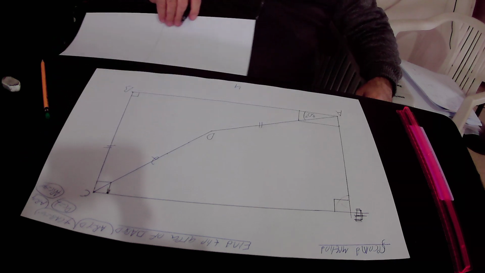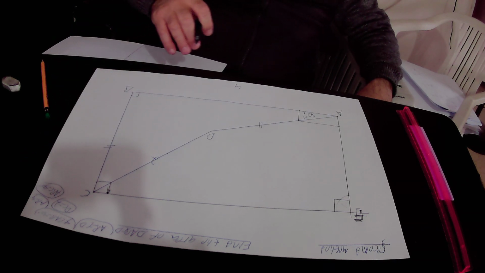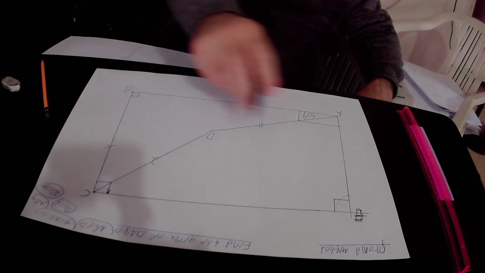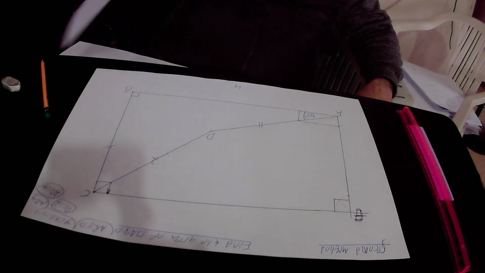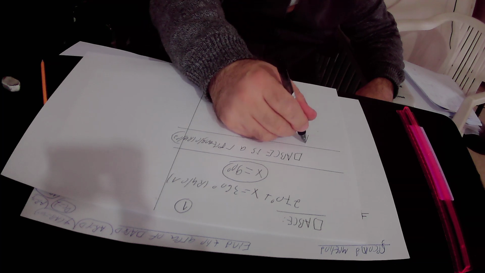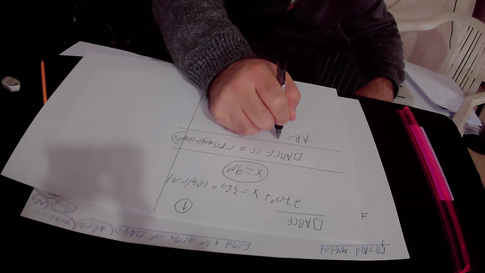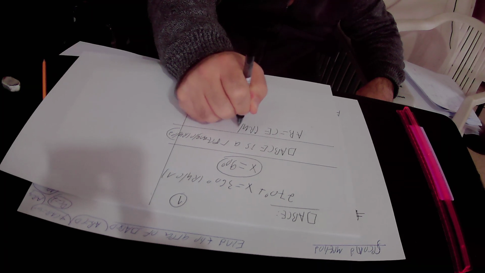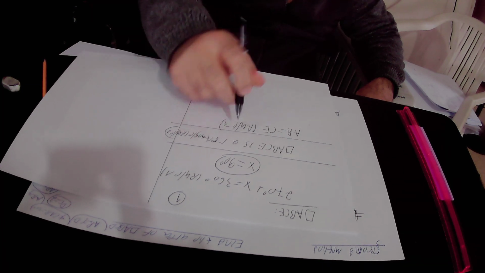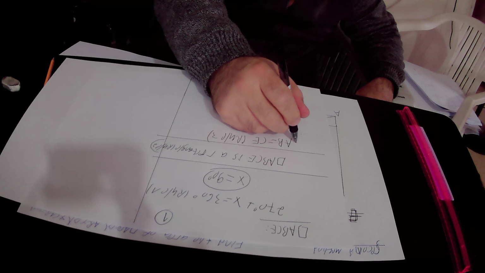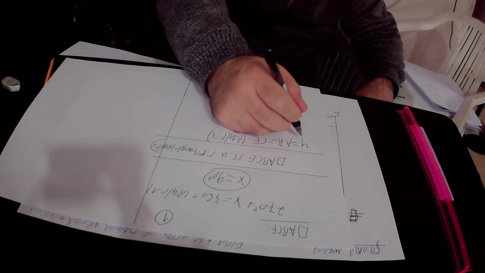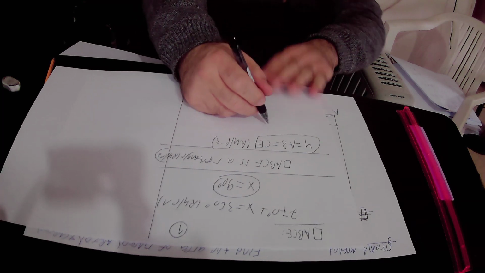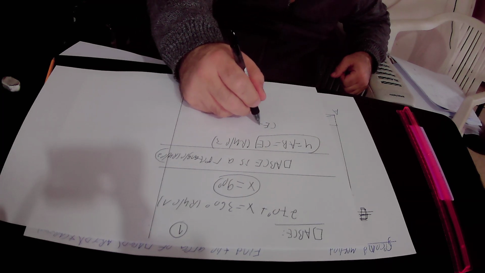So the opposite sides of rectangle ABCE are equal to each other. That is to say, AB equals CE according to rule number 3. But it is given in the question that AB equals 4 units. From this equation, we derive that CE also equals 4 units.